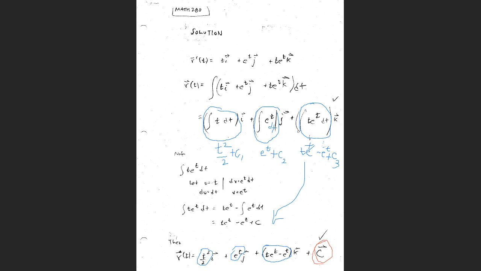Notice there's a vector symbol above it. Why is it a vector? Why not just have a big C here? Why not just say C1 plus C2 plus C3 equals that big constant C? Why do we have a C vector? Can you tell me what that C vector equals?